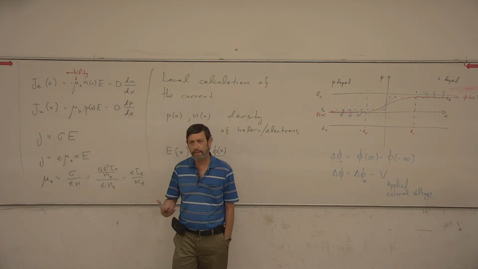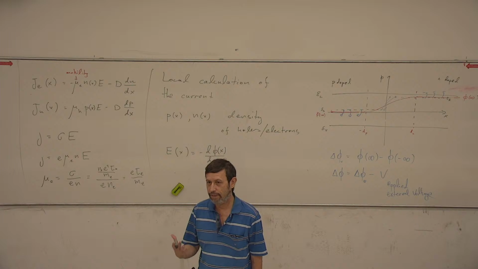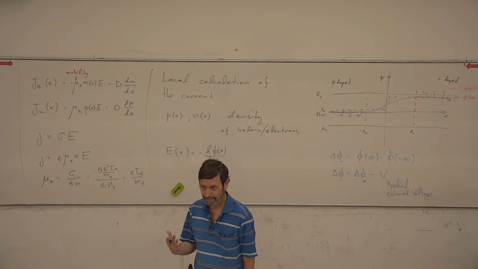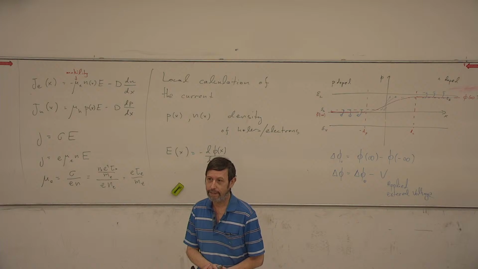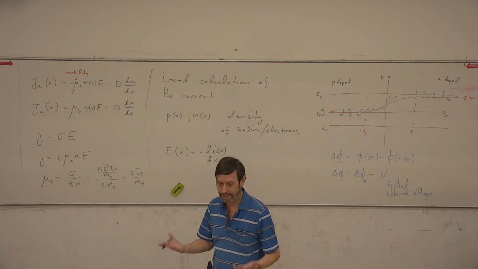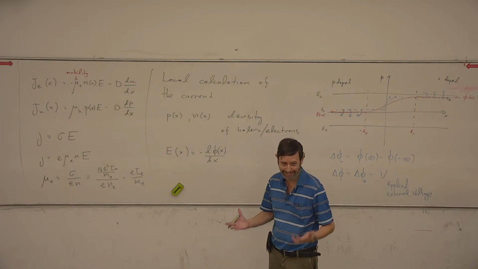So what did the mobility give us in comparison to the conductance? We lost the density of electrons. So the mobility, in a sense, is, well, I can't say that it's a better description of the material, because in the description of a material you also have the density of electrons there.